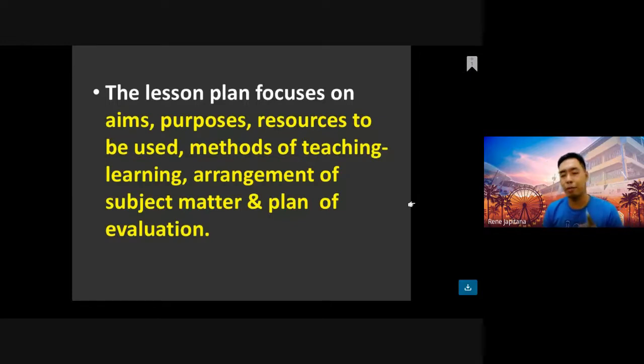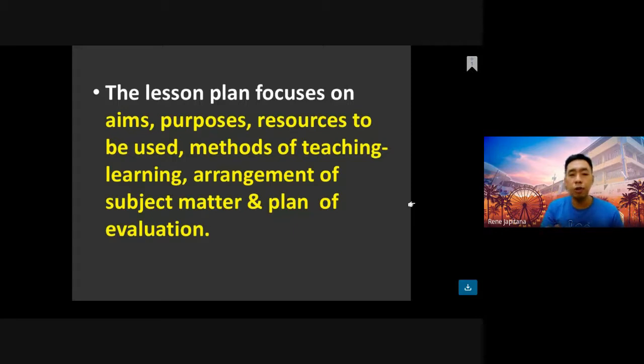But usually and basically, most of the lesson plans, especially within basic education, preschool, elementary to high school, use that, because that is the foundation of their learning. Most of the time, we are using the inductive. So the one that I am showing to you later will be an inductive type of lesson plan.